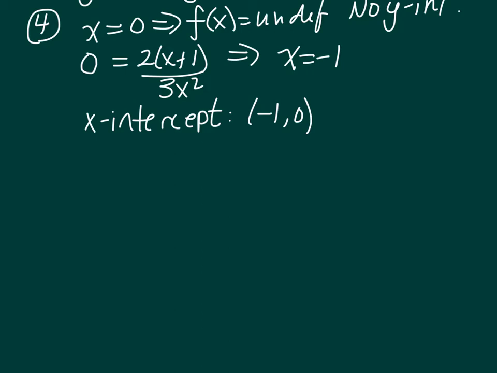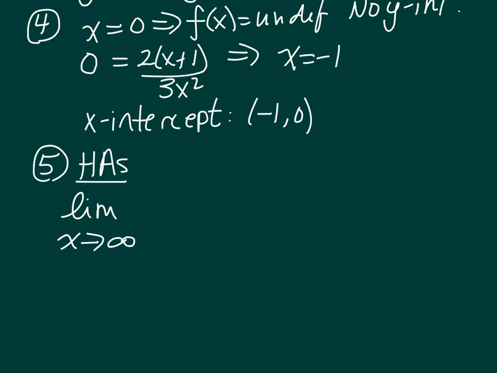So next, I need to think about asymptotes. So let's discuss first if there are any horizontal asymptotes. For horizontal asymptotes, I look at the limit as x tends to infinity and the limit as x tends to minus infinity of my function. And my function was 2 times (x plus 1) over 3x squared.